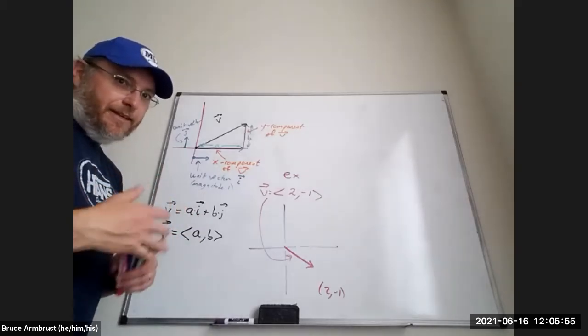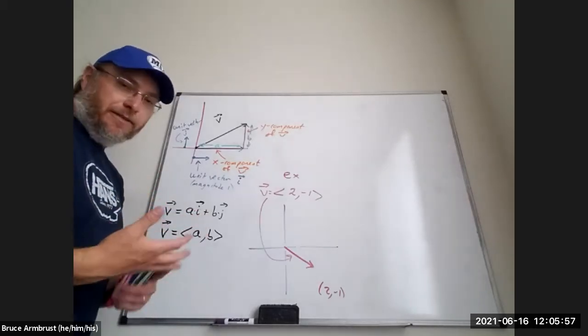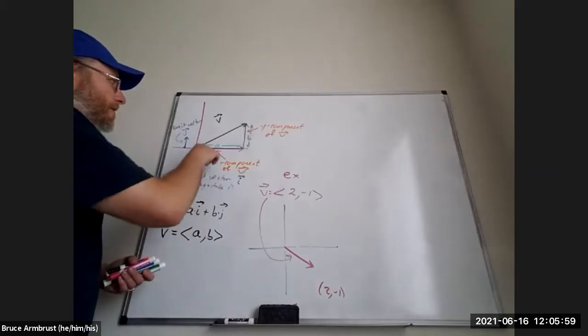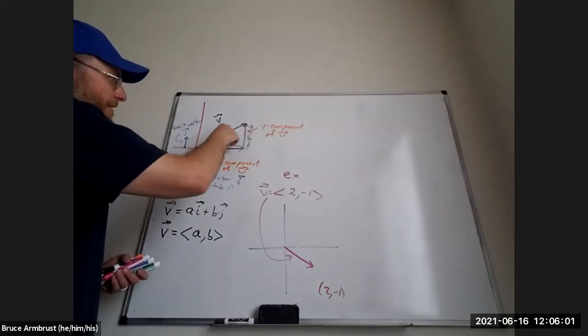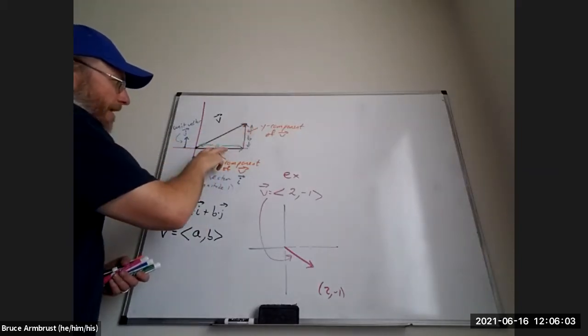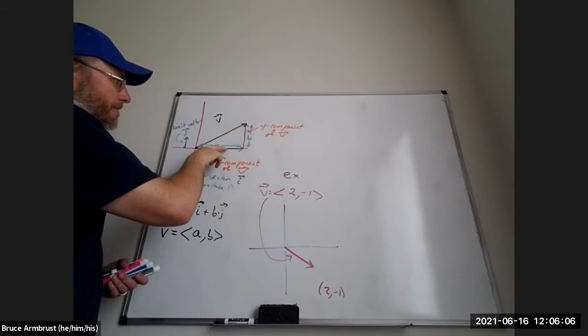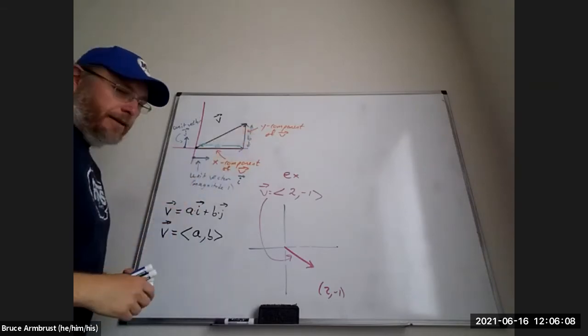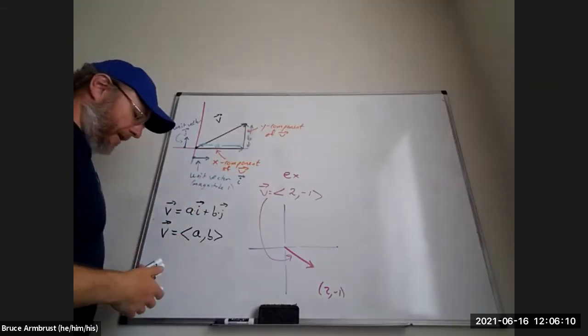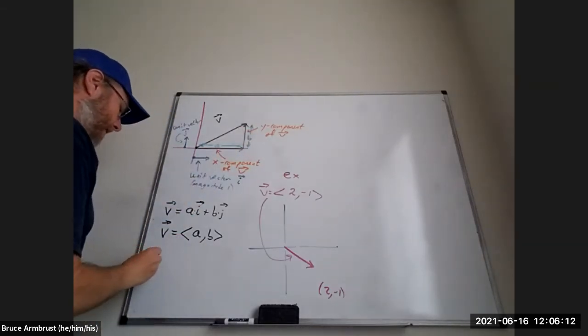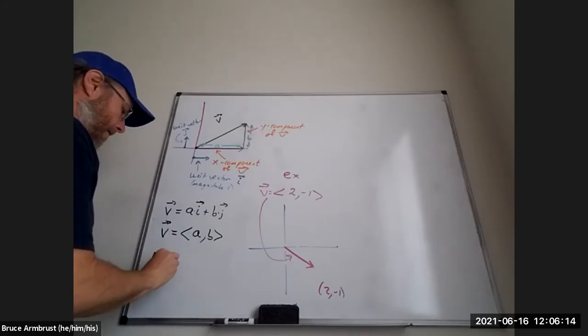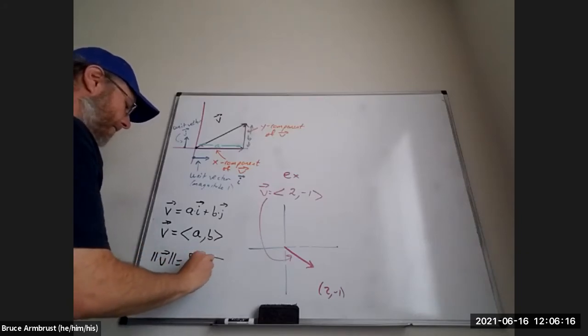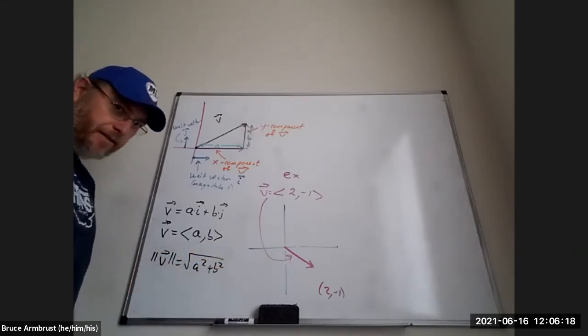It's the same as finding the hypotenuse and the angles in a triangle. So think about this. If I want to know the length of the black vector, v, and I know the lengths of these two, which are a and b, I just have to use the Pythagorean theorem. So the magnitude of v, that's going to be the square root of a squared plus b squared.